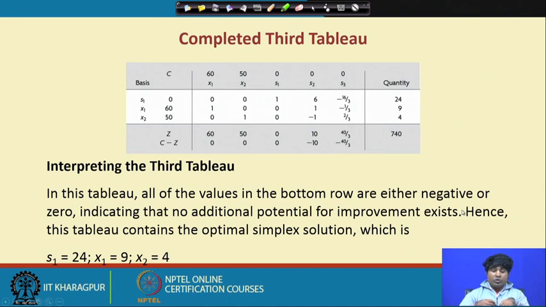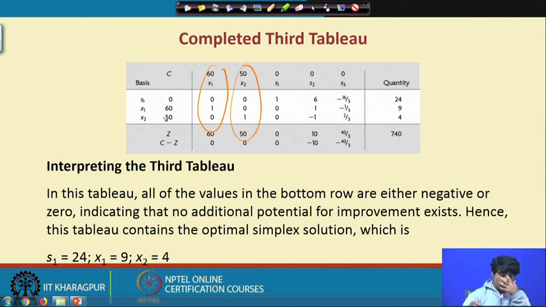Now after the second iteration, this is the final outcome. x 1 is already replaced with s 2 and x 2 is already replaced with x 2, so this is now in the basis matrix and it is good for the optimum solution as per the business requirement.